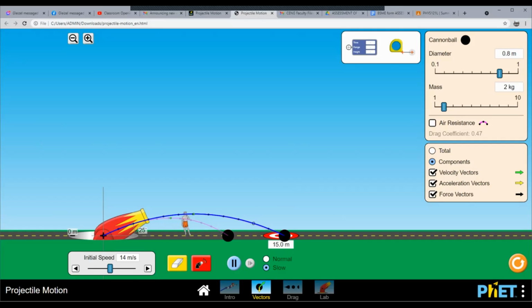What happens? Na-hit pa rin po yung target. Okay. So kung yung 0.8, anong ginawa natin? Binago natin yung diameter from the original, binalik natin sa original na 0.8. Pero binawasan din natin yung kanyang mass, mas pinagaan natin.